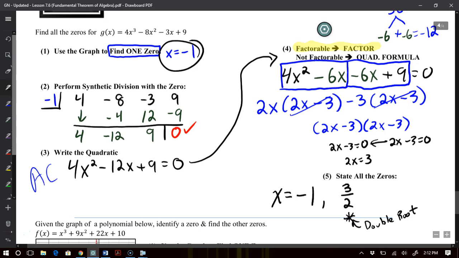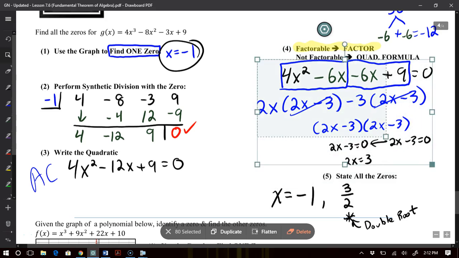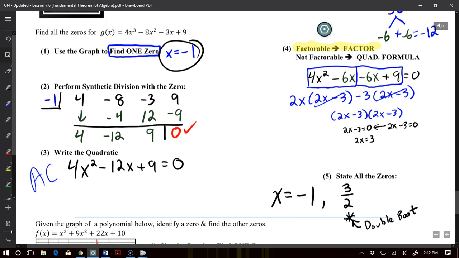There's 3. How do we know? When we looked at the graph before, we saw that you have an x-intercept between 1 and 2. 3 halves is between 1 and 2. But that's not 100% accuracy. We want perfection.